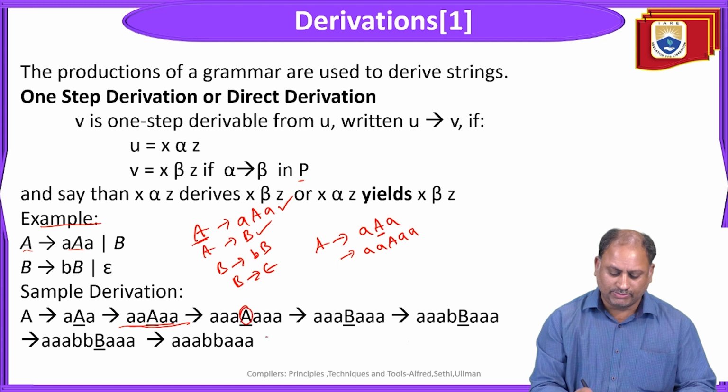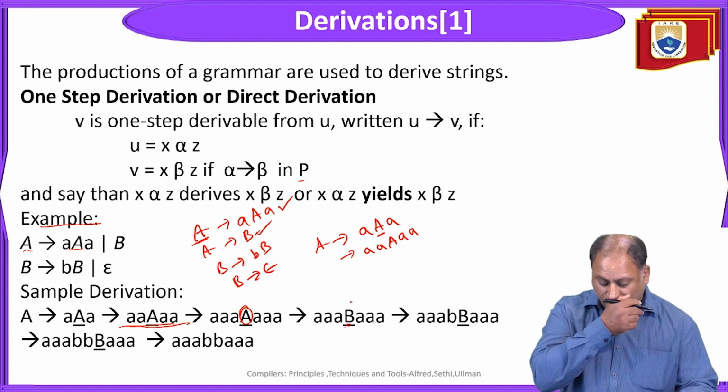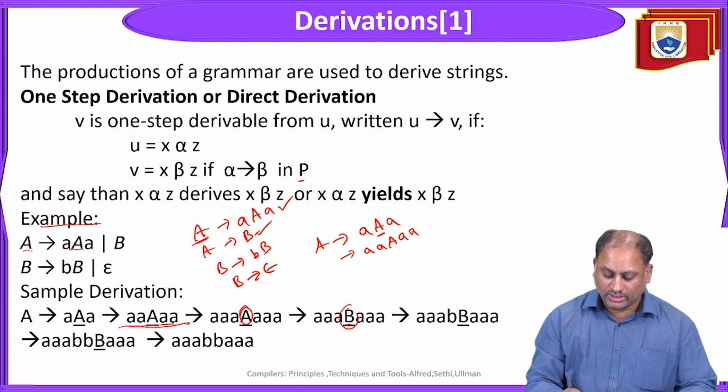Once again, this capital A may be substituted by either this one, or this time we have applied capital B. Capital B we can apply, and then the capital B may contain either small b, capital B or epsilon, two cases.